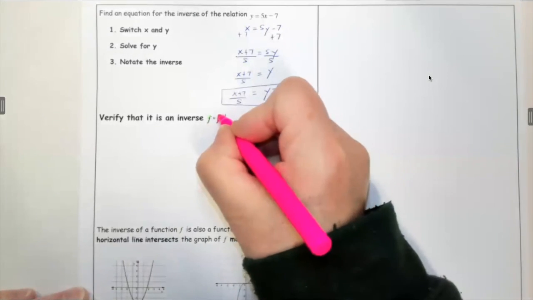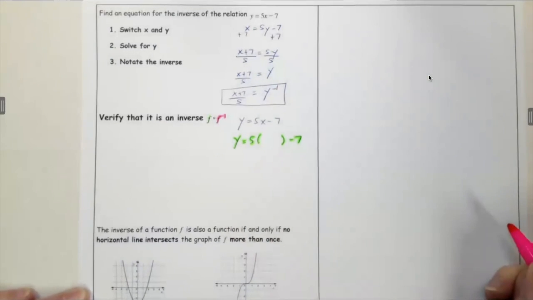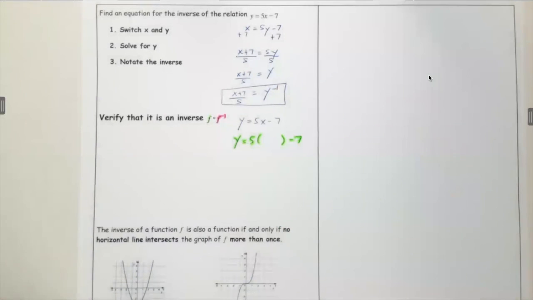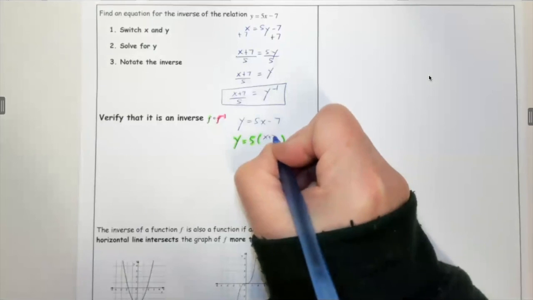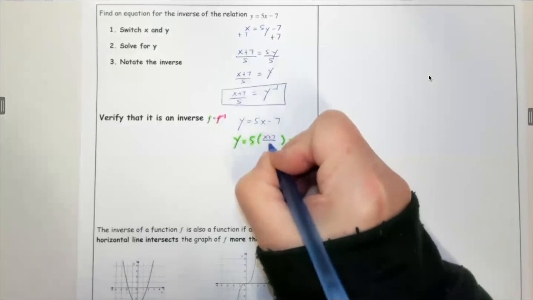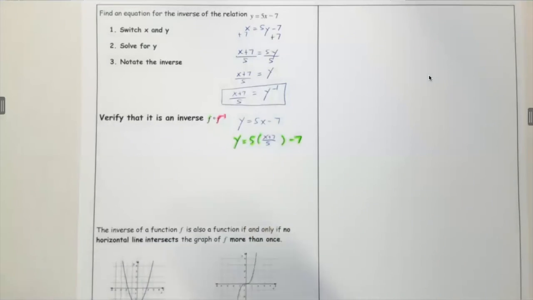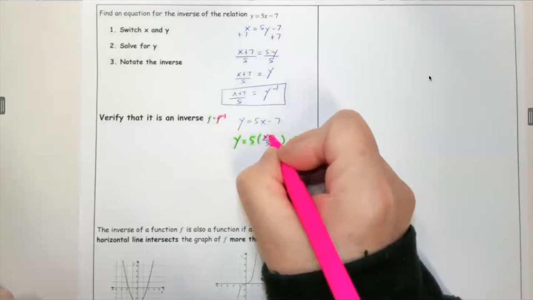We're going to verify that they are inverses. That would be (x plus 7) divided by 5. That is our inverse that we just found.